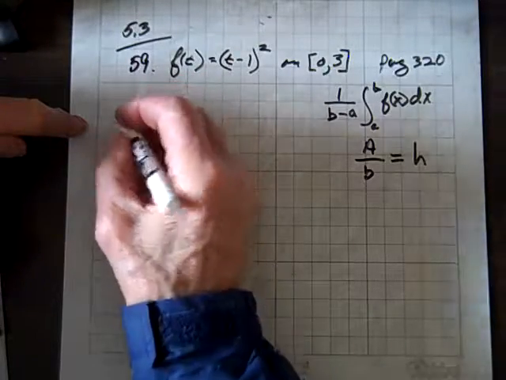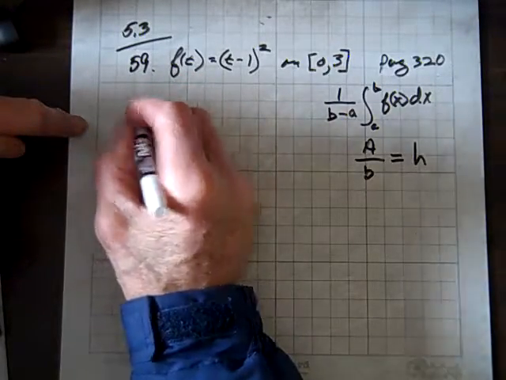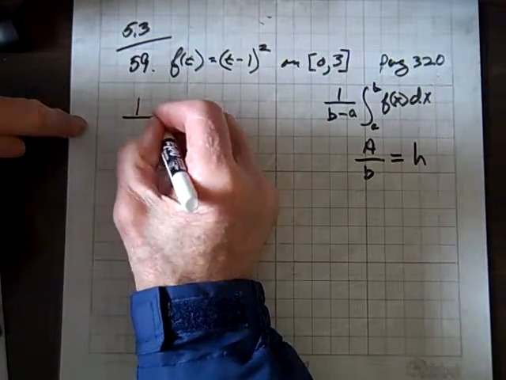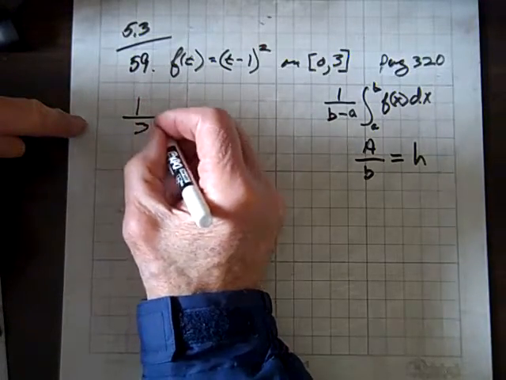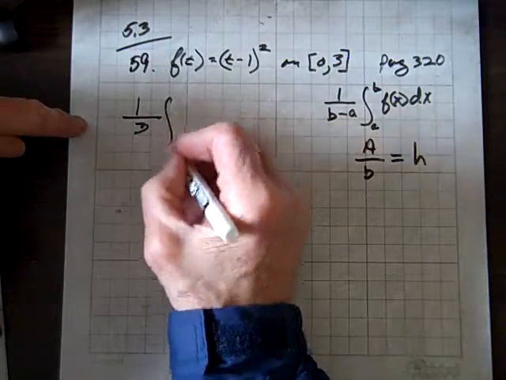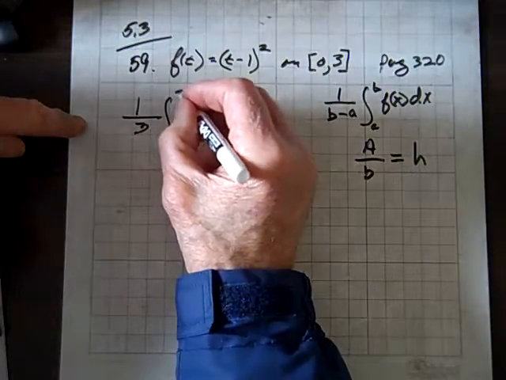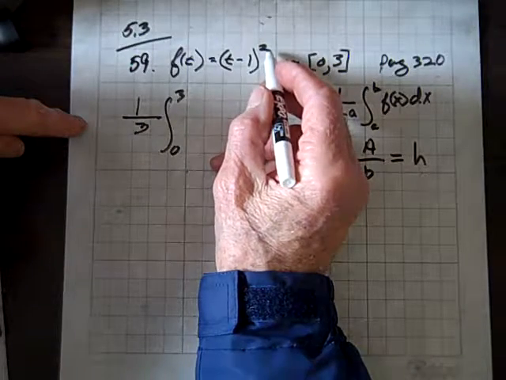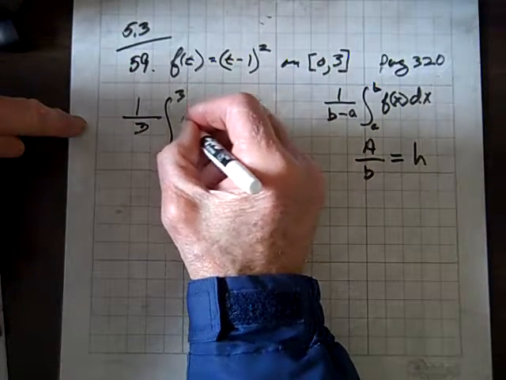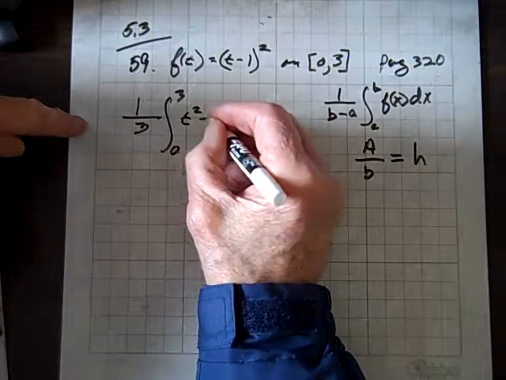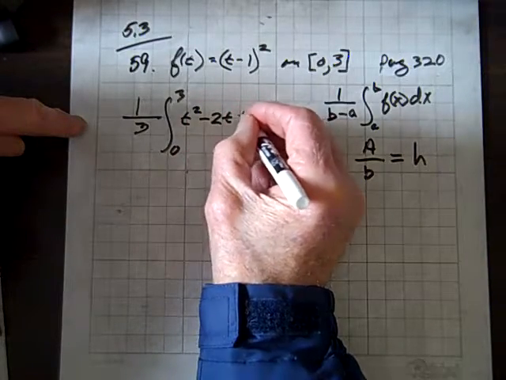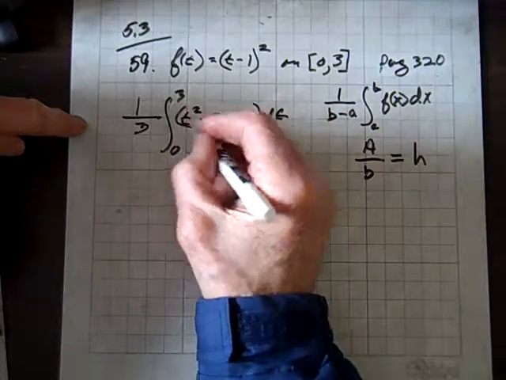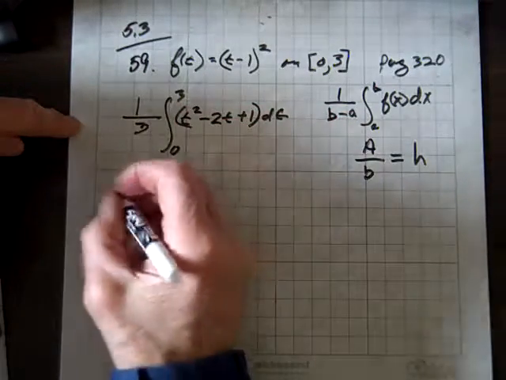So now, here we go. We'll divide by the difference of 0 and 3, which is 3, and then times the integral from 0 to 3. And look, t minus 1, when you square that, when you FOIL that out, you get t squared minus 2t plus 1 dt. Okay, so that's what we'll evaluate.